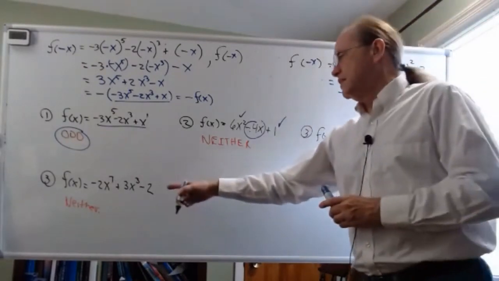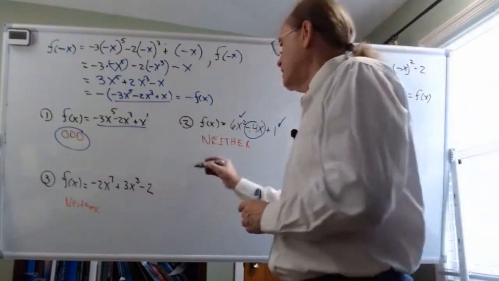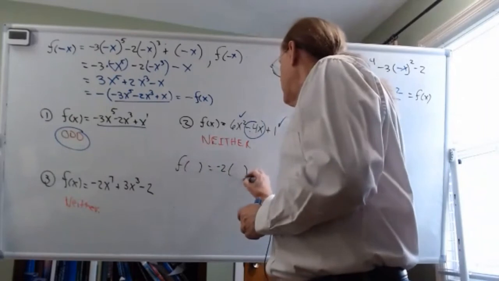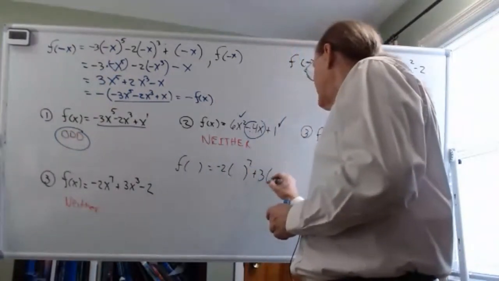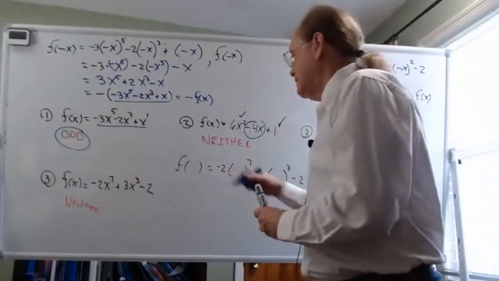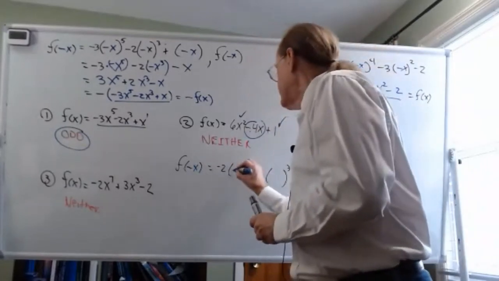And this other one you're going to see is neither. I'll just do it anyway. I have f of my input is minus 2 times my input to the 7th plus 3 times my input cubed, minus 2. Well, my input is negative of x.